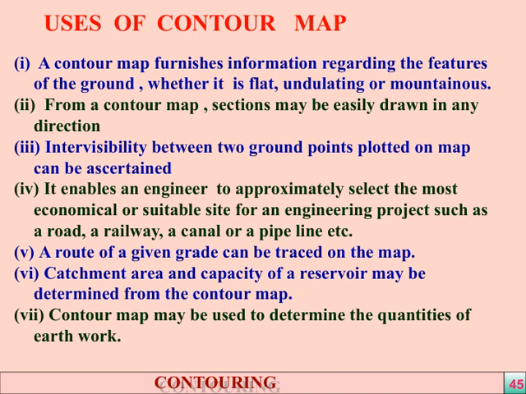Another important application is in determining the catchment area and capacity of a reservoir, which is essential for water resource management. Additionally, contour maps assist in calculating the quantities of earthwork needed for construction, making planning more precise. In essence, contour maps are versatile tools that support a wide range of engineering and planning activities by providing detailed terrain information.